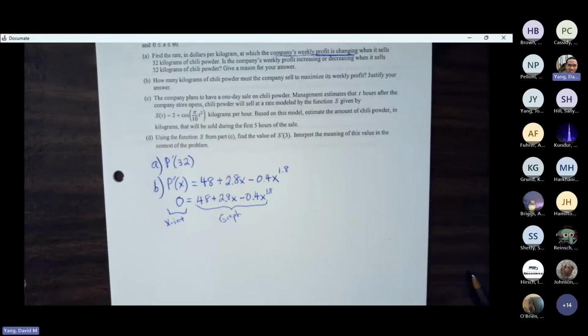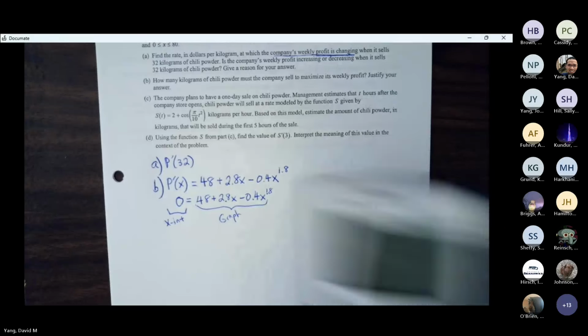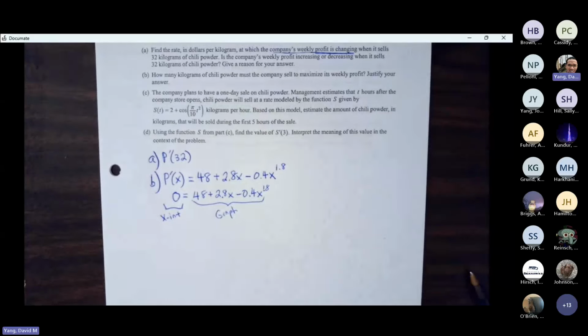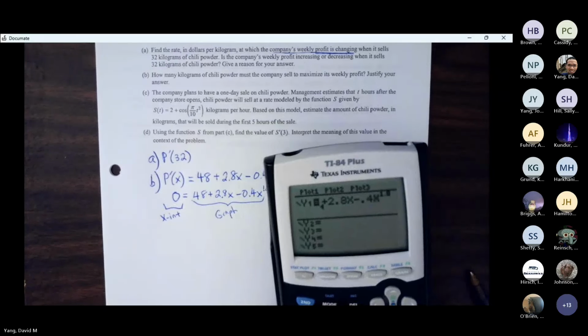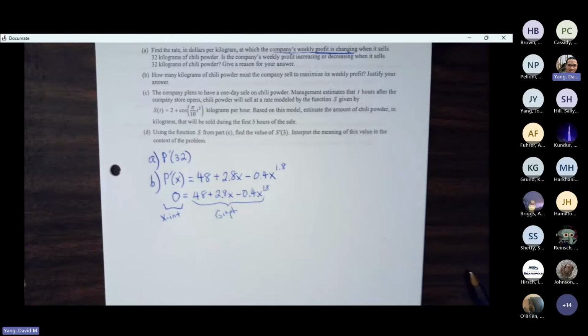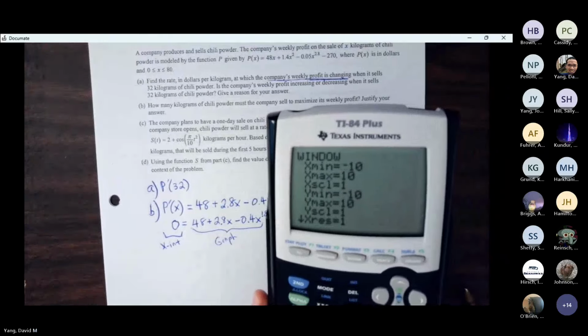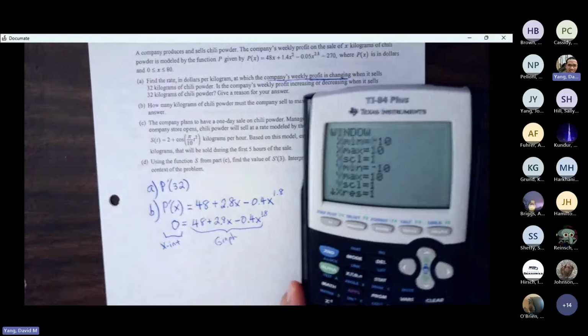Okay, so let me put this in the calculator. So I'll go to Y1. Minus 1.4. Okay, let's see, under window, I know I want to go from 0 to 80 because those are my x values. So under window, x-min, I'll say 0.